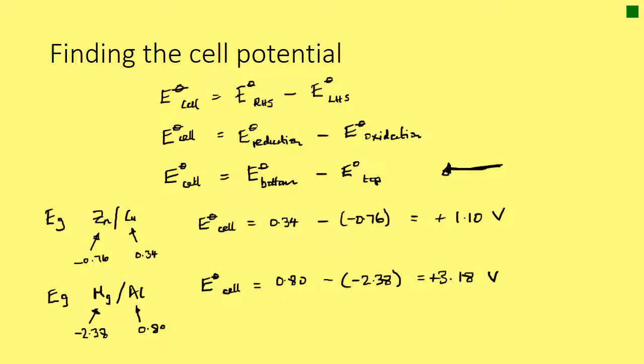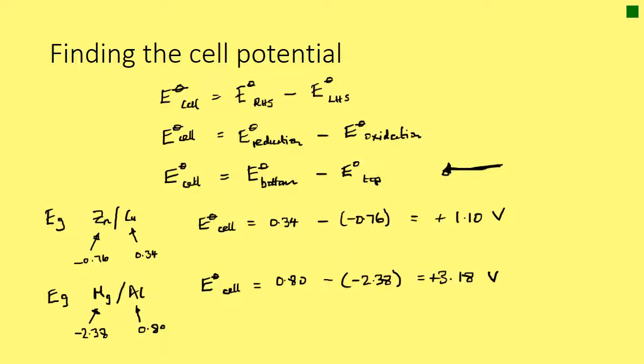That's when you've gone through the process of putting the most negative half equation on top and the one with the less negative electrode potential on the bottom, in which case you come up with this equation here. So let's have a look at an example.